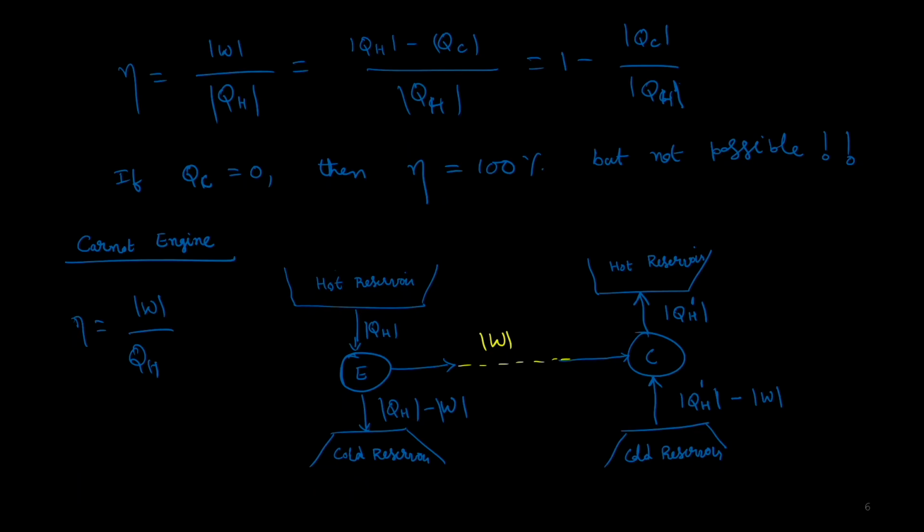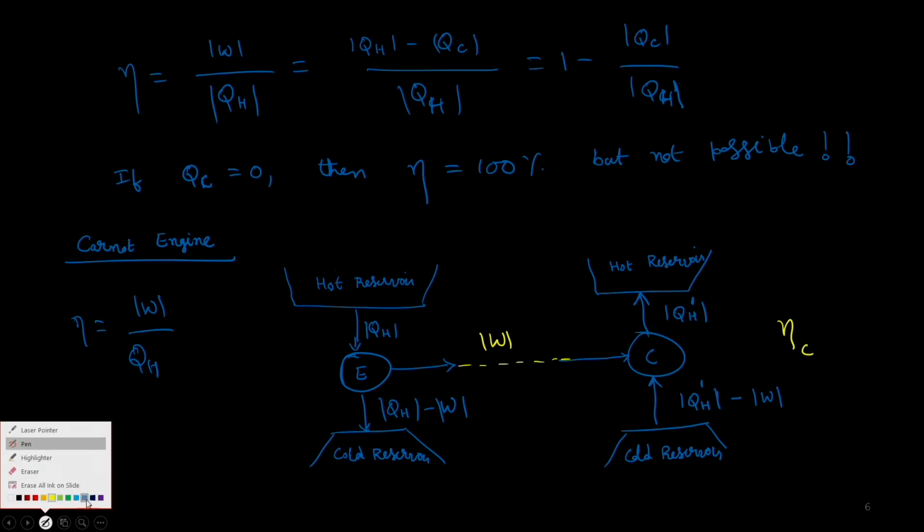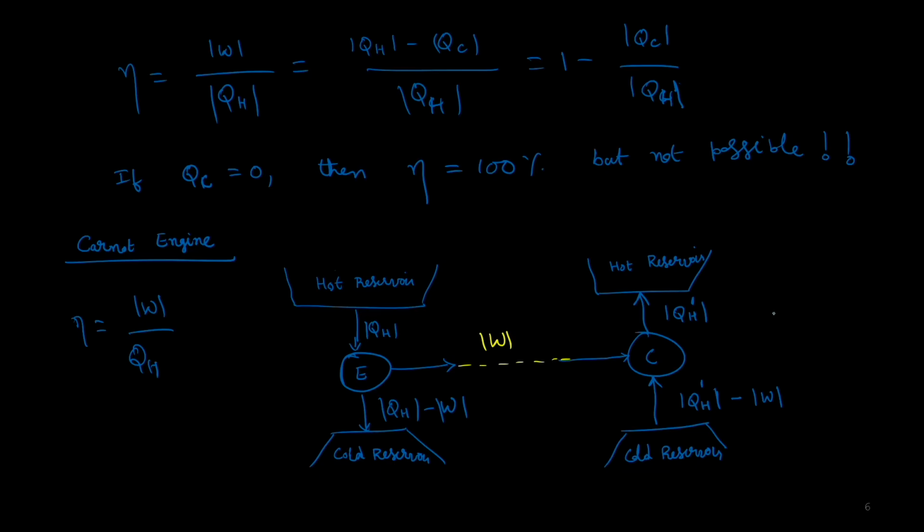If you now look at it, there is no external work that we are doing on the engine and refrigerator combination. And in this case, it will be W over QH prime. So we can combine this engine and refrigerator together such that the work produced by the engine can drive the refrigerator.